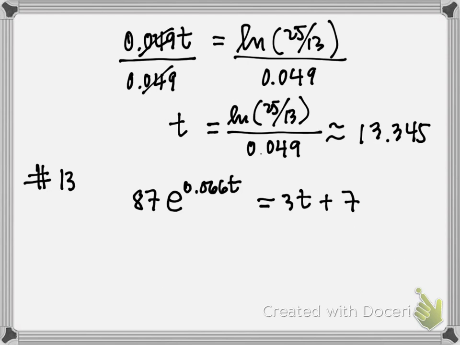We have these types of problems. You should be able to recognize that it can't be done algebraically, so we have to do this graphically. Using your graphing calculator, you're going to enter the two equations. Y1 equals 87 e to the 0.066t, and then y2 will be 3t plus 7.